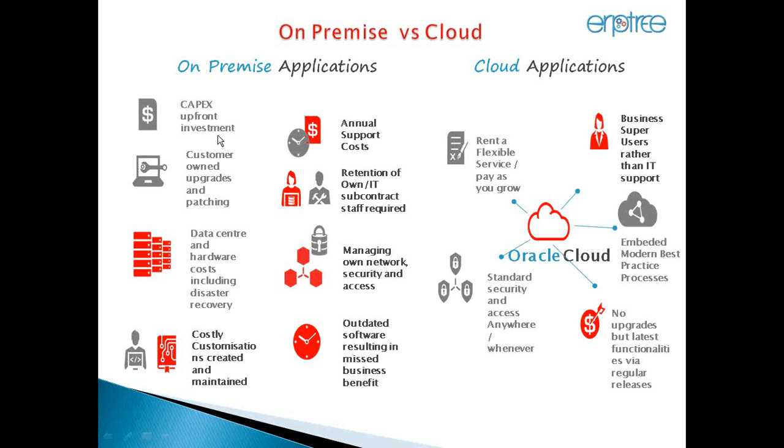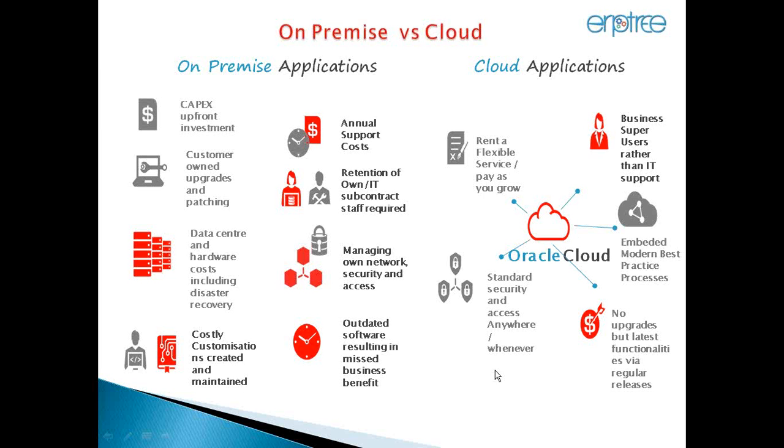With on-premise capex upfront investment, you have to invest a lot for servers, but here you don't need to manage any servers. You'll get access to the server. On-premise, you have to depend on data centers; here everything Oracle will take care of. On-premise has costly customization and maintenance, and you have to have a technical team. Since it's cloud, whether SaaS, PaaS or other environments, they simplify customization, maintenance and all.